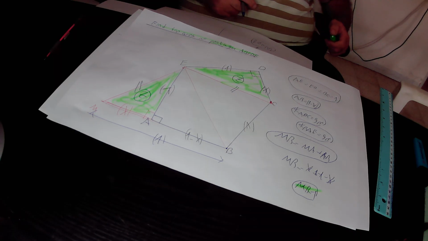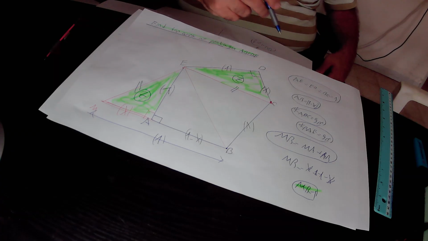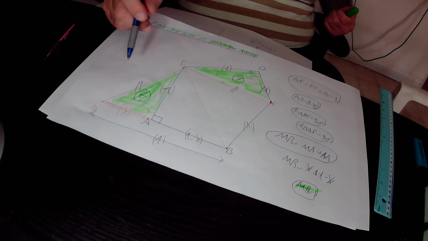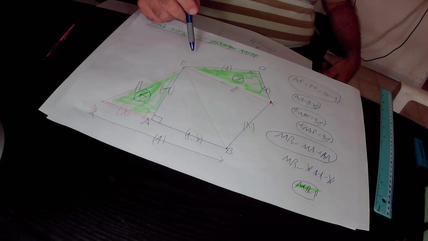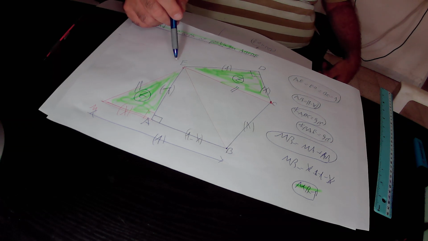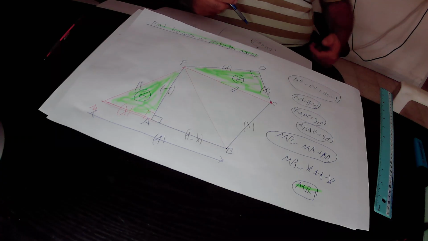But this big quadrilateral EMBC actually consists of two shapes. It consists of this right triangle EMA and this quadrilateral EABC.